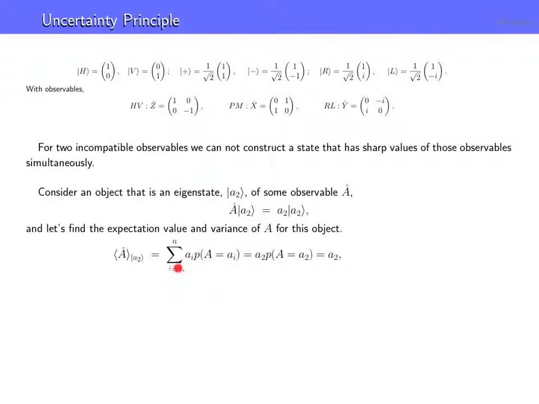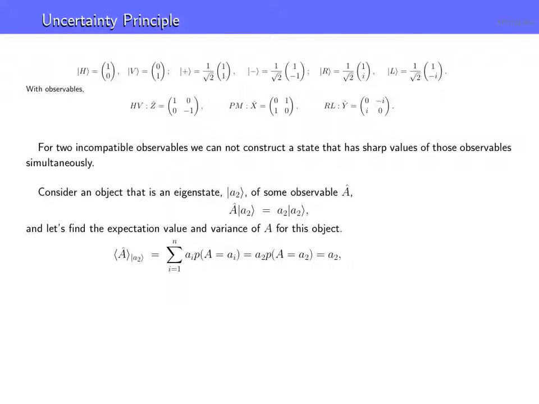This is the classical, normal, probabilistic way of calculating it, of course. We sum over the product of the outcome value times the probability that the random variable, or operator in this case, is equal to that value.